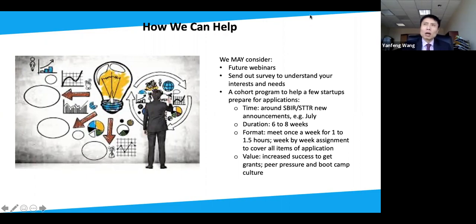The other thing that could cause trouble is your commercialization plan is not clear enough. Some agencies allow you or even encourage you to include a letter of support. Some of the most valuable letters can come from your potential customer, which means if your innovation is a medical device or digital health, you talk to some people in the hospital, especially a decision maker, such as the chief information technology officer of the hospital.